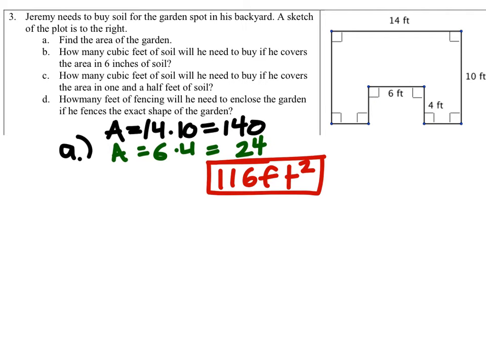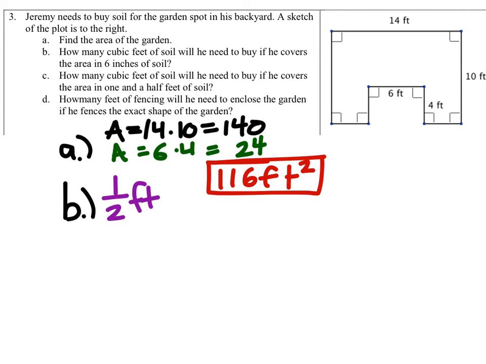All right, B, how many cubic feet of soil will we need if he covers the area with 6 inches of soil? We've got to be careful on this because we've measured the area in square feet. So when we look at B, we're really looking at 1/2 of a foot.